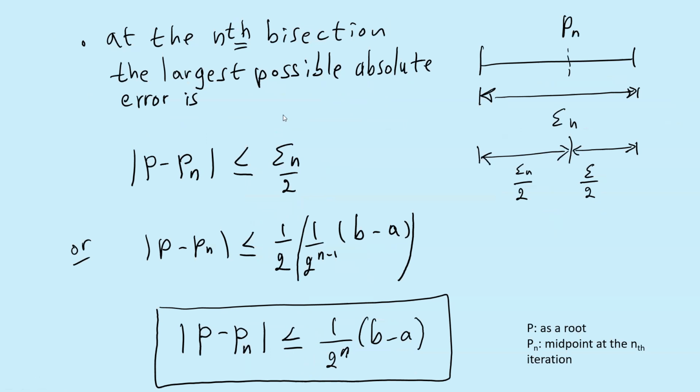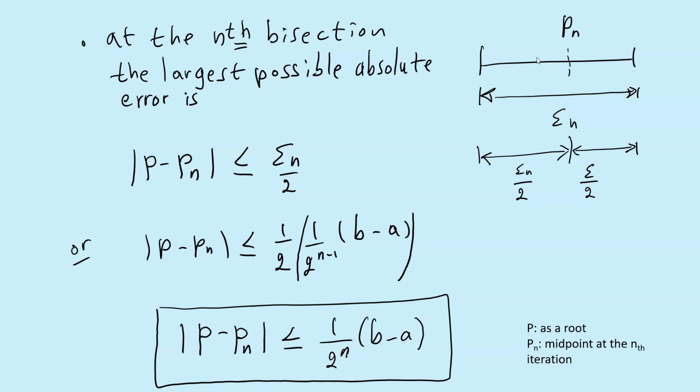At the nth bisection, the largest possible absolute error will be half of the error at the nth iteration, because p is the exact root and p sub n is the midpoint at the nth iteration.